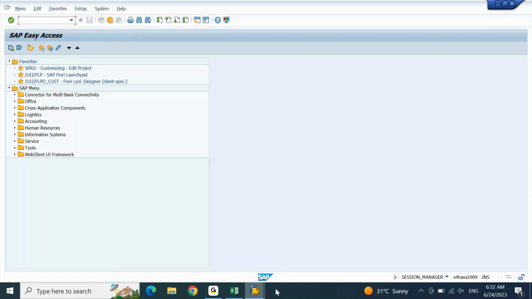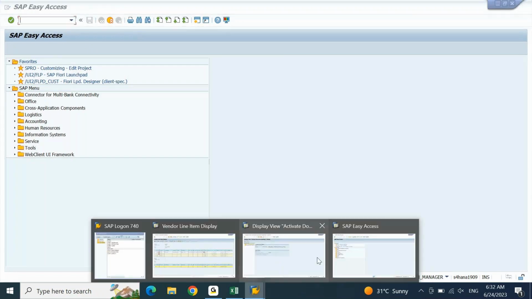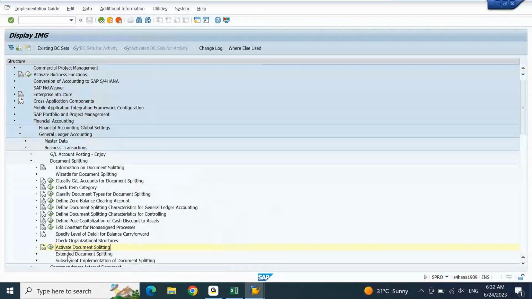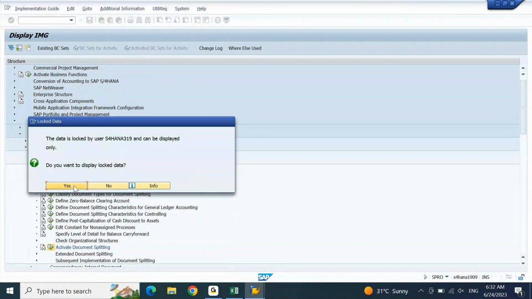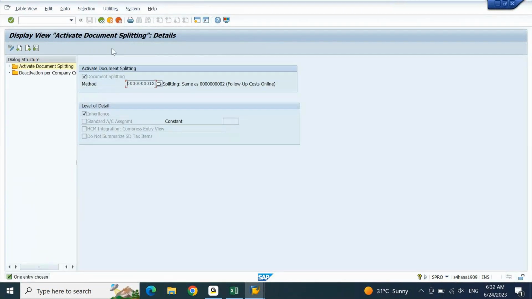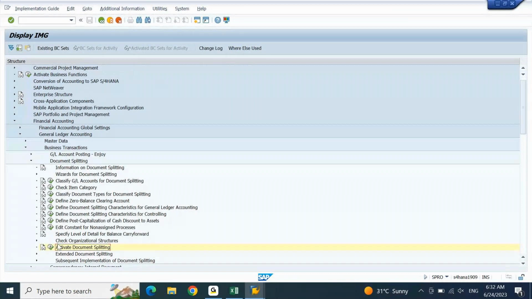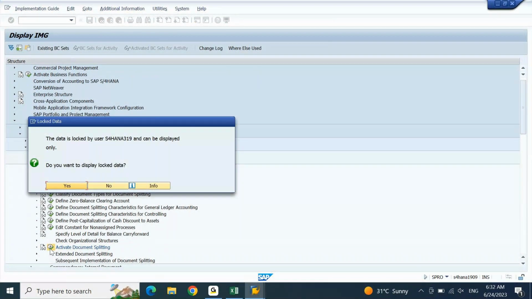Let us verify this document splitting once again to make sure that the splitting is not causing this problem. Who is this? We are not sure whether this person has saved it or not. S4HANA 319. Copy.